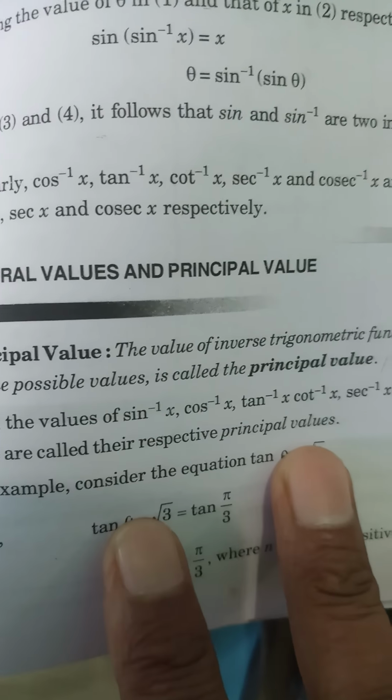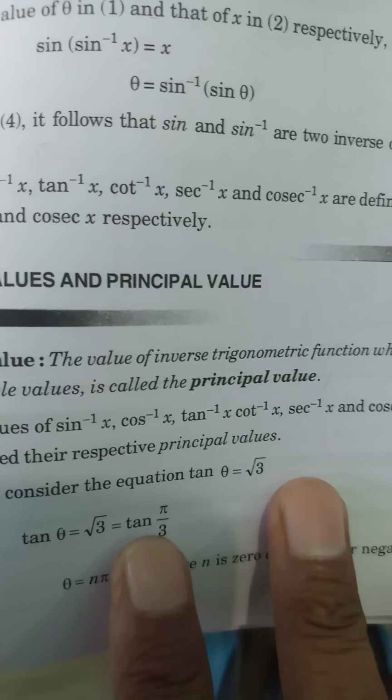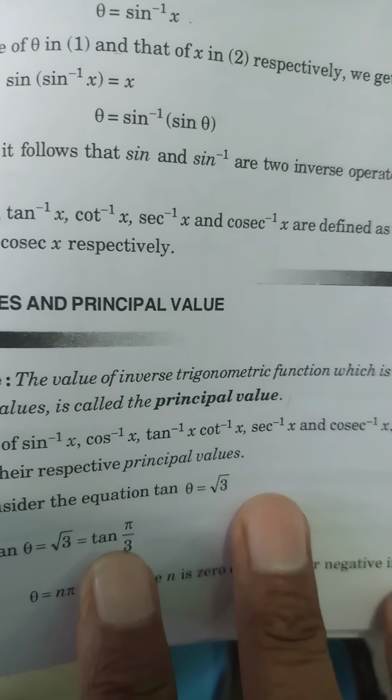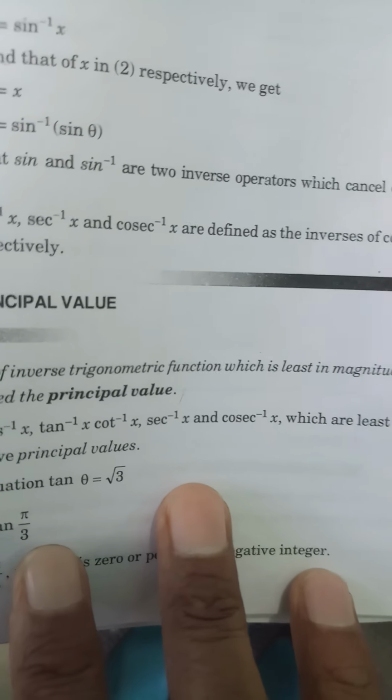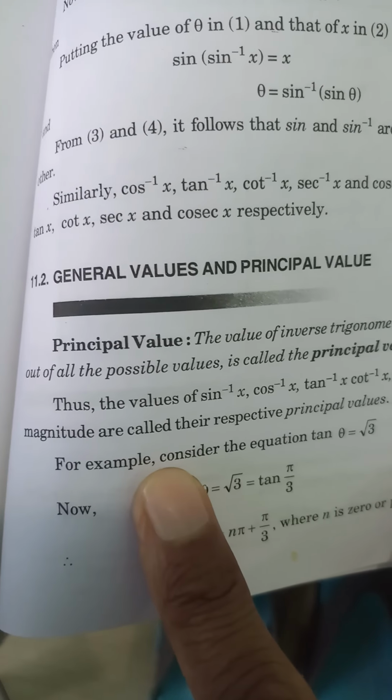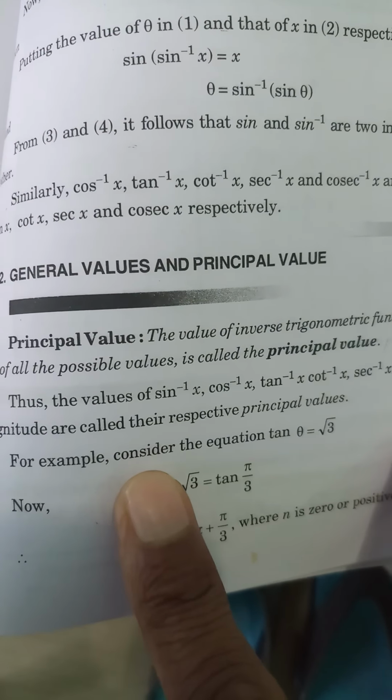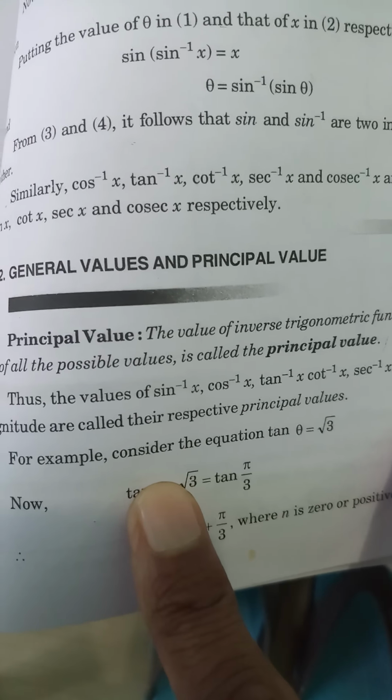Thus the values of sin inverse x, cos inverse x, tangent inverse x, cot inverse x, secant inverse x and cosecant inverse x which are least in magnitude are called their respective principal values.